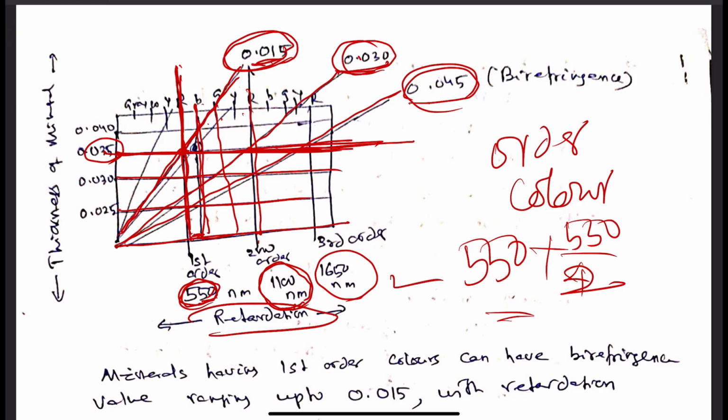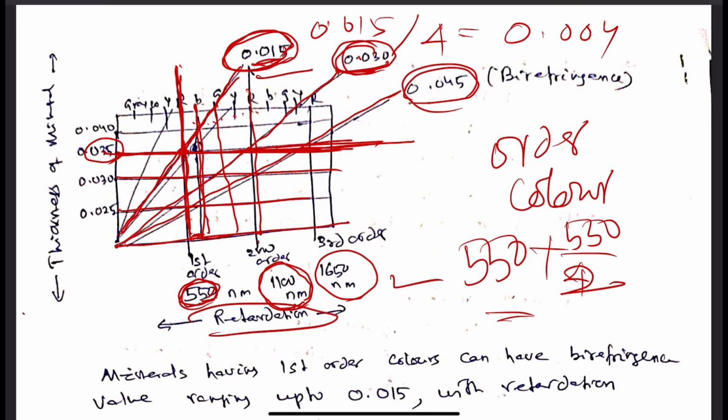First order red is 0.015, second order red is 0.03, so the range is 0.015. This range has been divided into 4 colors: blue, green, yellow, red. So each order will have this much value.